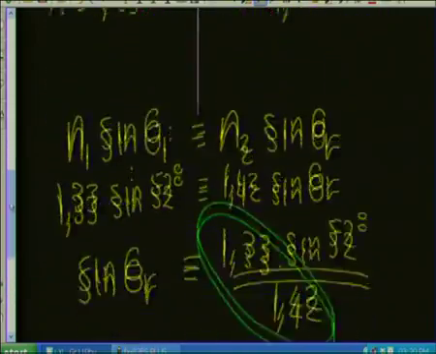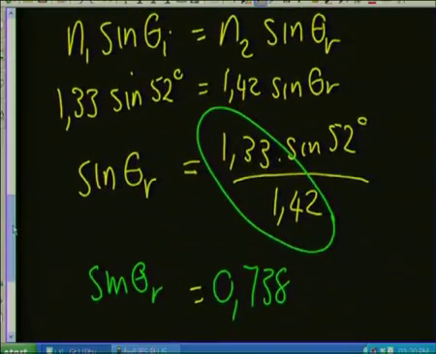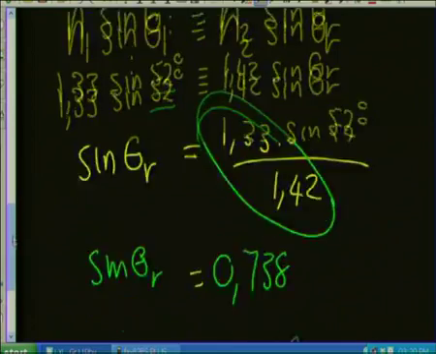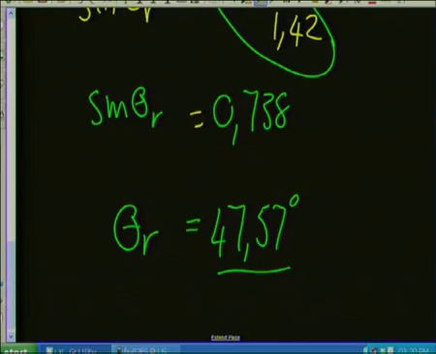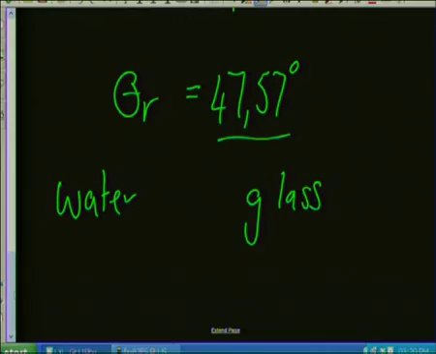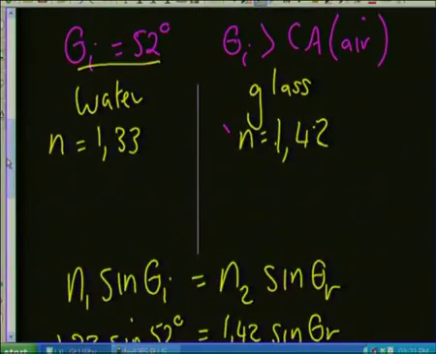Now, guys, remember what we said here. The angle of incidence was 52. The angle of refraction we've worked out as 47. But remember what we're doing. We're working from water to glass. Is this surprising? Well, you should have recognized that because we're going from water to glass, we're going from a low optical density to a high optical density.